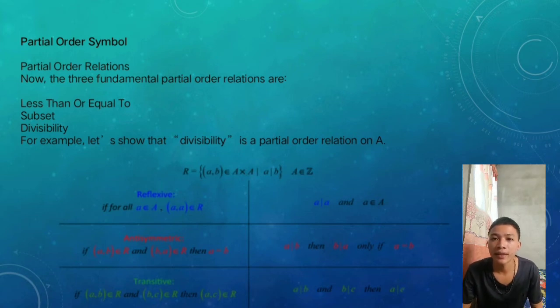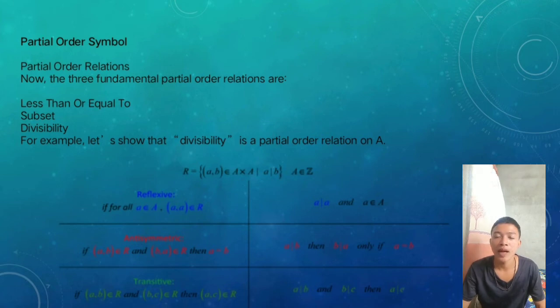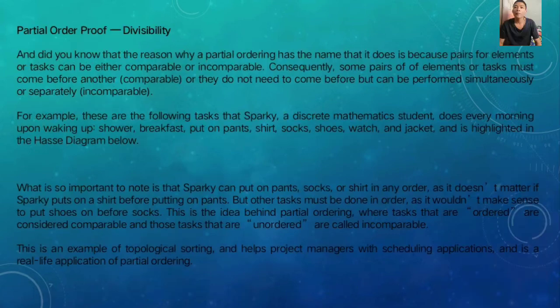Antisymmetric: if (a, b) is in R and (b, a) is in R, then a equals b. Transitive: if (a, b) and (b, c) are in R, then (a, c) is in R. So if a divides b and b divides c, then a divides c. Divisibility is a partial order.